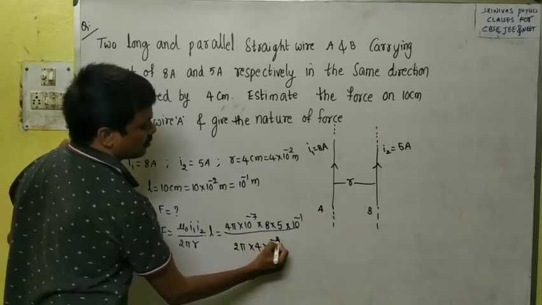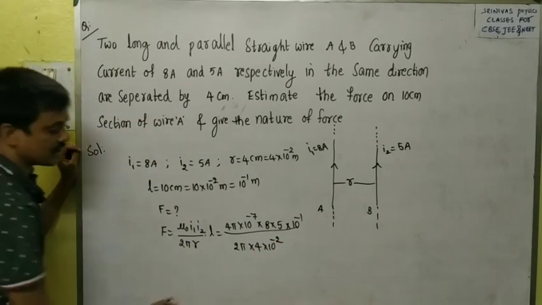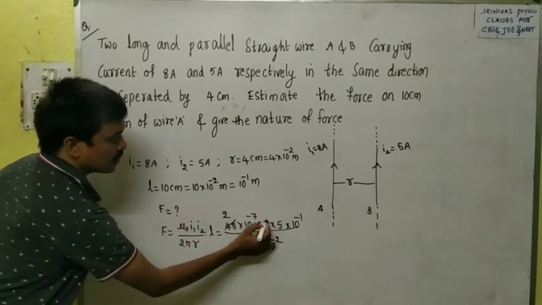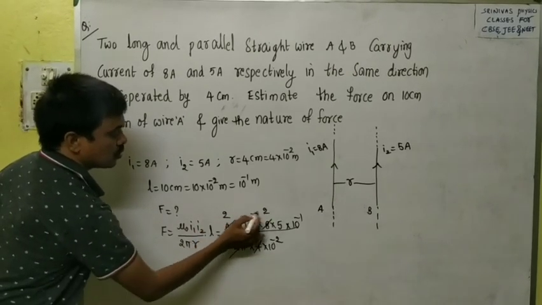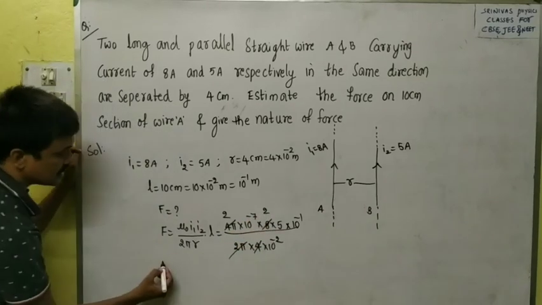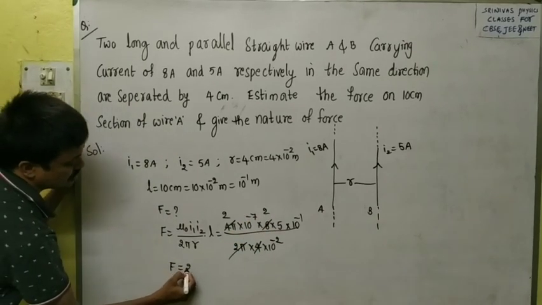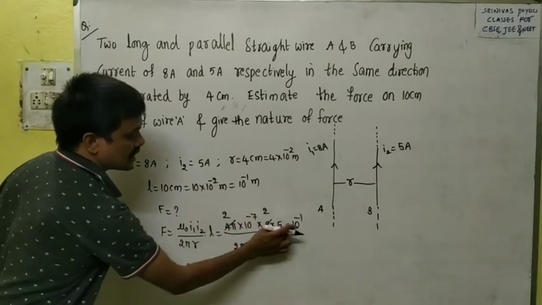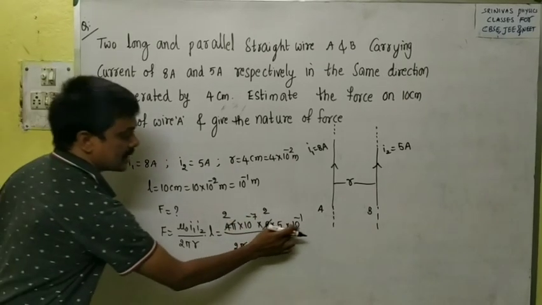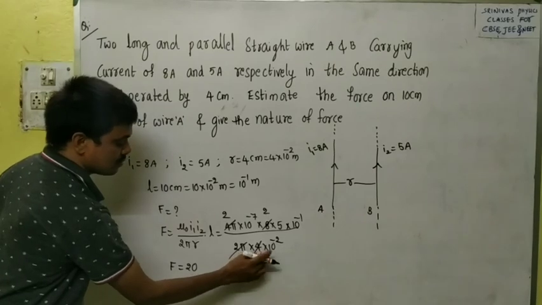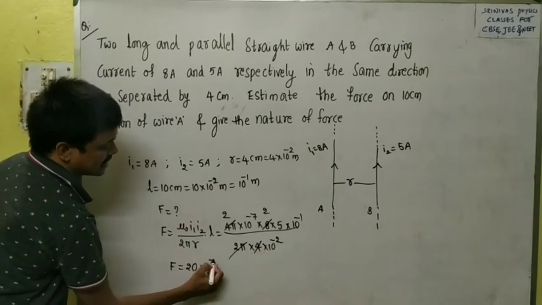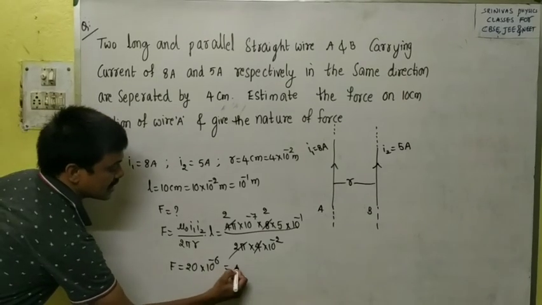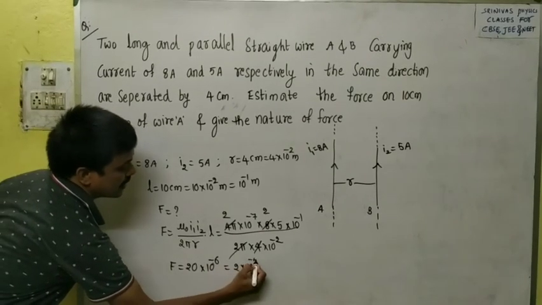Now we simplify this. 2 pi cancels, 4 by 2 is 2, and 4 times 5 is 20. F is equal to 20 into 10 to the power of minus 7, 10 to the power of minus 1, divided by 10 to the power of minus 8, 10 to the power of minus 2, giving 10 to the power of minus 6. You will get the answer 2 into 10 to the power of minus 5 Newton.